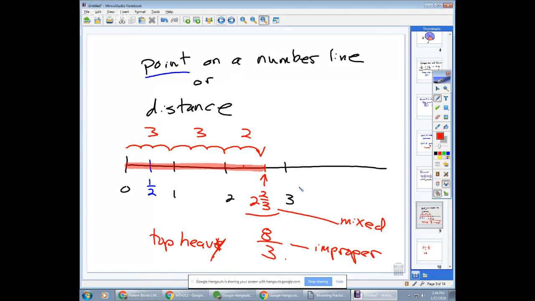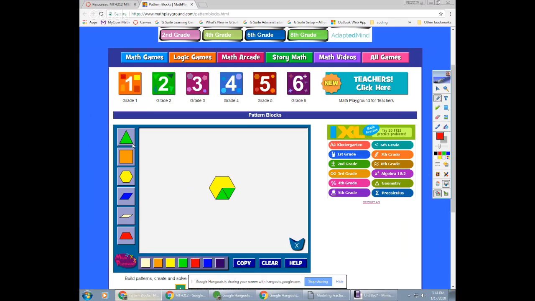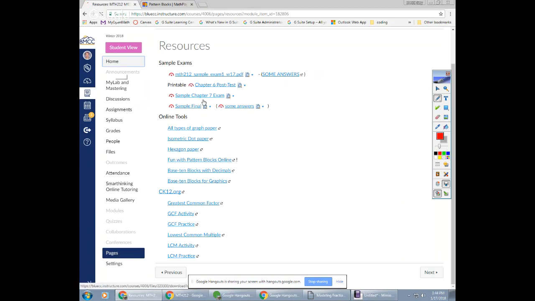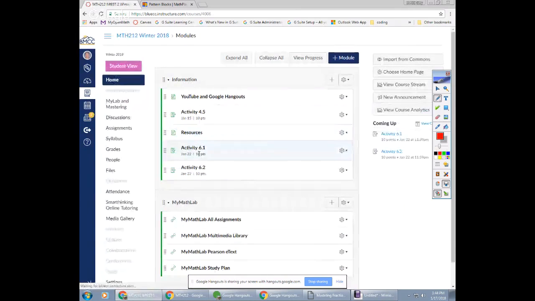So I think we've got that pretty well nailed down. So we're going to play around with some activity stuff. I posted on our course homepage that we're going to do activities 6.1 and 6.2. Would anybody like one of those packets? I think I printed some. Okay, raise your hand if you want some.